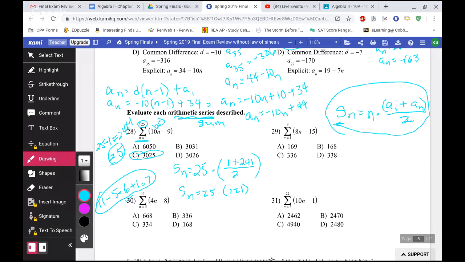On number 29, once again, you'll just use the same formula. So you've got your 8 minus 1, which is 7, plus 1, which is 8. That's basically finding the number of terms in the series.